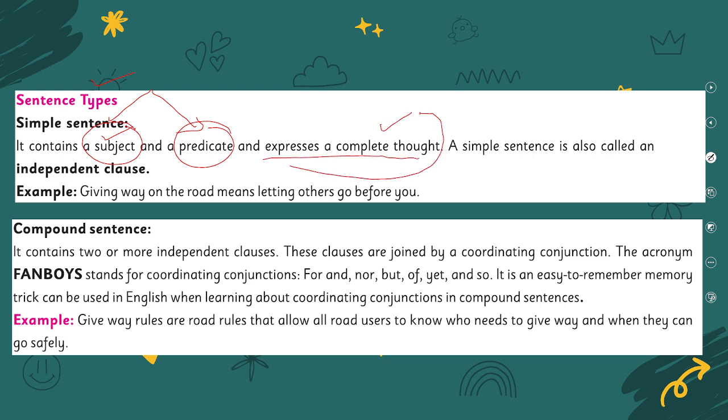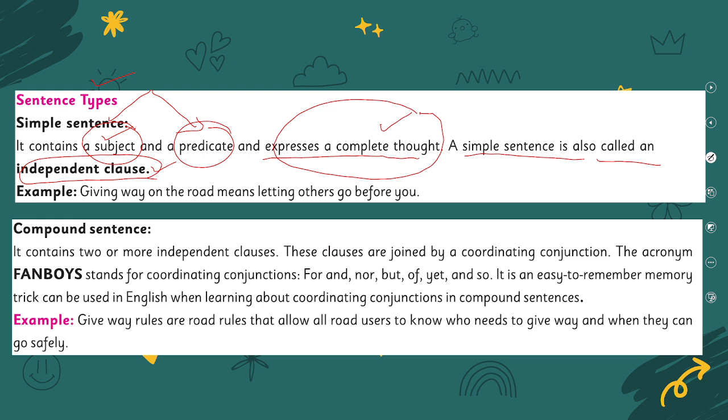It means that the whole sentence is making sense. It is logical and giving a complete thought. A simple sentence is also called an independent clause. Why? Because the sentence is understood on its own. It does not need any help from outside or from other clauses.